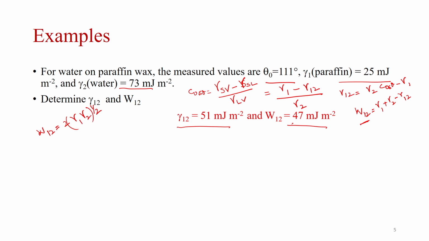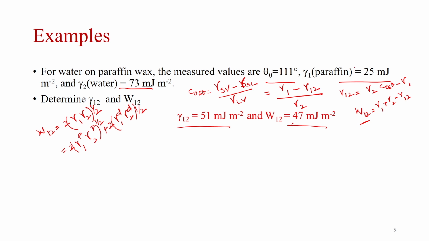Now, we discussed that surface energy has both polar and dispersive components. So, it was 2 into gamma 1 p gamma 2 p to the power half plus twice of gamma 1 d gamma 2 d to the power half, where d is the dispersive component.